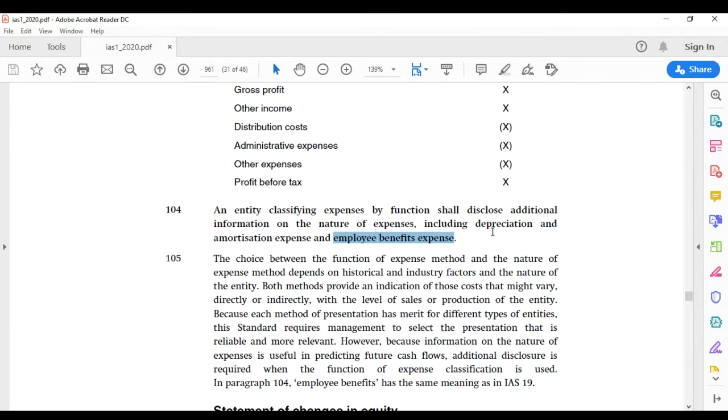So you're going to then disclose additional information on the nature of those expenses that you regard as being material. So it's significant enough, either in nature or in amount, that you believe it must be disclosed to the users of the financial statements. It could influence their economic decision making.